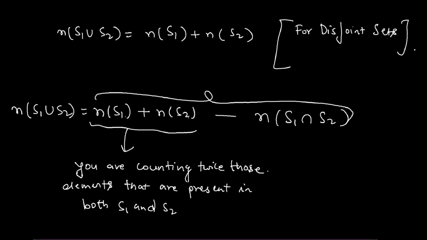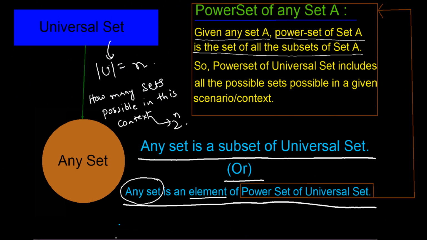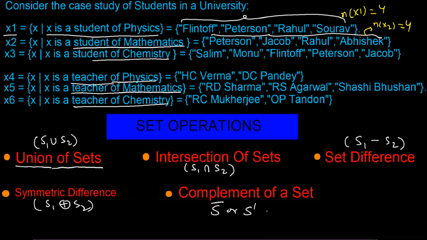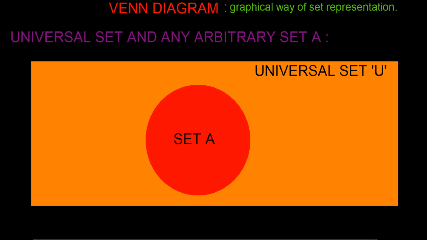What is S1 intersection S2? This is another set operation, intersection of sets. What do we mean by S1 intersection S2? It will give you a set that has the elements that are common in S1 and S2. Okay. Now there is something called a Venn diagram.